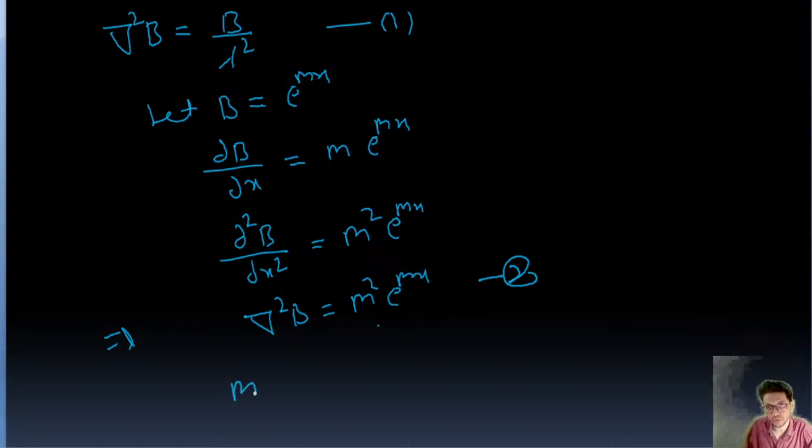So this is going to be m square e to the power mx equal to b upon lambda square, or we can write m square e to the power mx equal to e to the power mx upon lambda square. The e to the power mx will get cancelled.